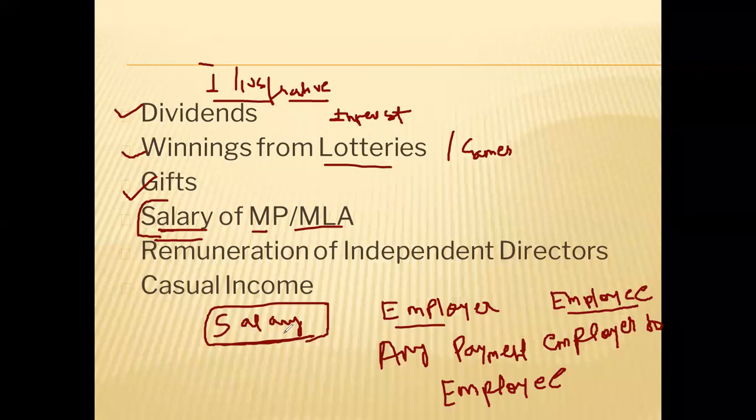So for any income to be taxed under the head salary, an employer-employee relationship should be there. If this relationship is not there, then that income cannot be taxed as salary. First thing. And payment should be made by the employer to the employee. That will be called salary.